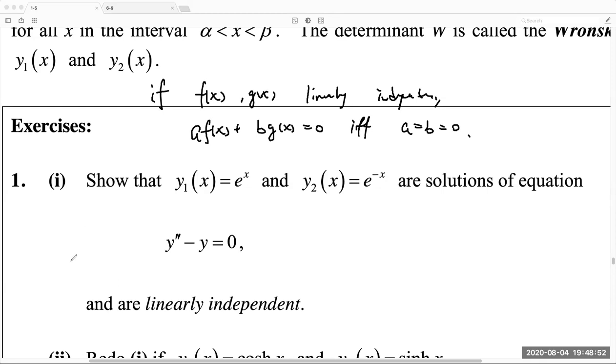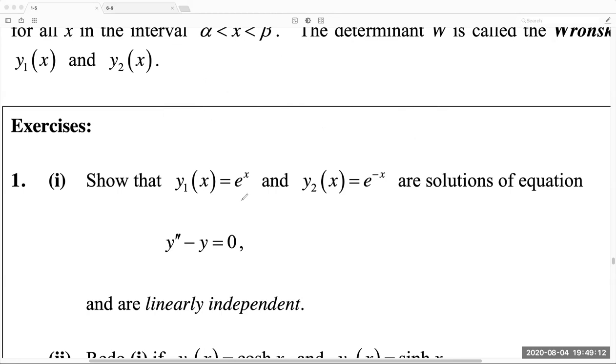Let me give you one example. x squared plus 1 and 2x squared plus 2 are not linearly independent, because we can find a set of a and b, not 0, which also satisfy this equation. And e to the x and e to the minus x, of course, are linearly independent.